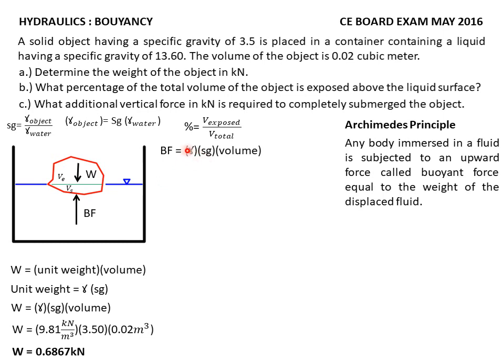Then the volume of the fluid displaced is equal to the volume of the submerged. So the unit weight of water multiplied by the specific gravity of the liquid, from the definition, is equal to the weight of the fluid displaced. Multiply it by the volume. So from this formula, we can solve the volume.